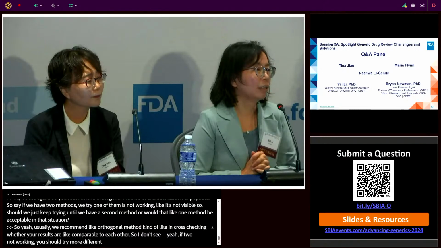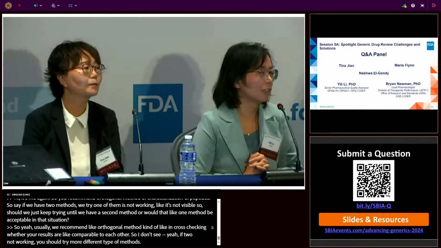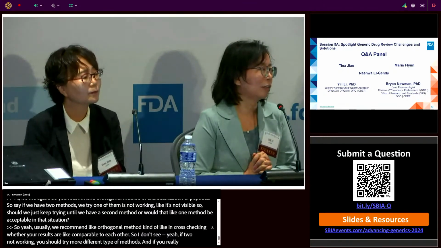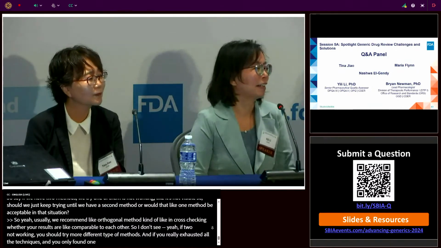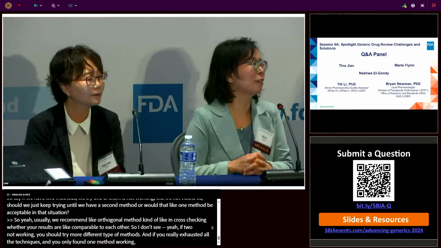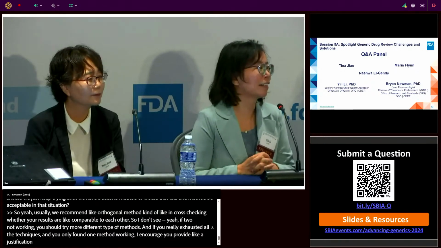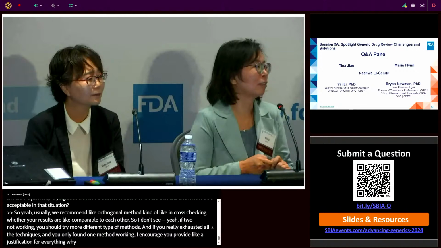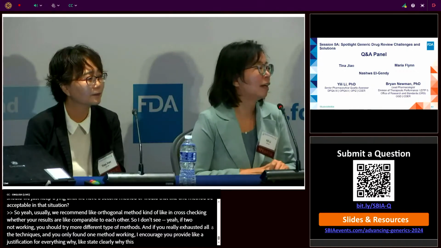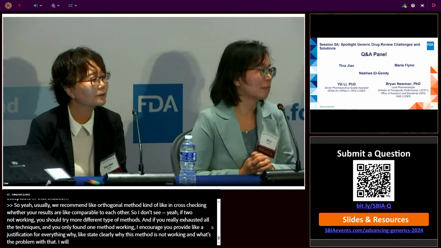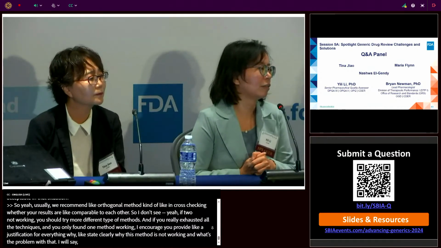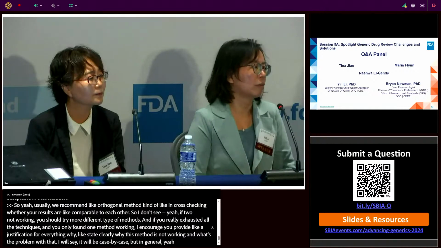And if you really exhausted all the techniques and only found one method working, I encourage you to provide a clear justification for everything, stating clearly why the other method is not working and what the problem is. It will be case by case, but in general, we do recommend that you have an orthogonal method.